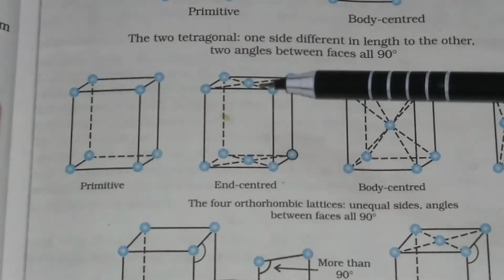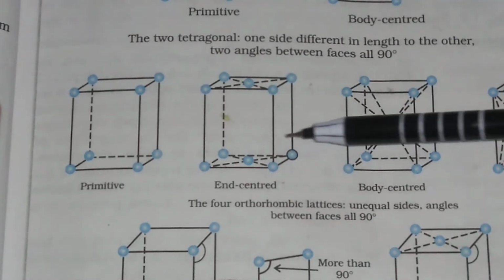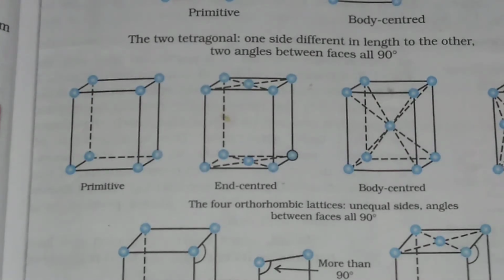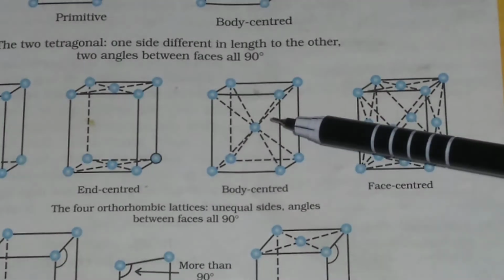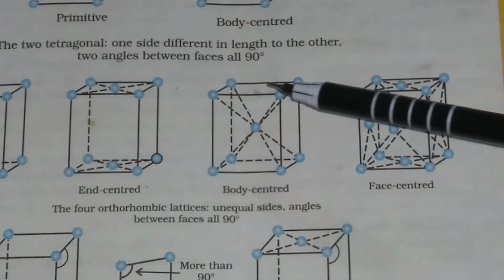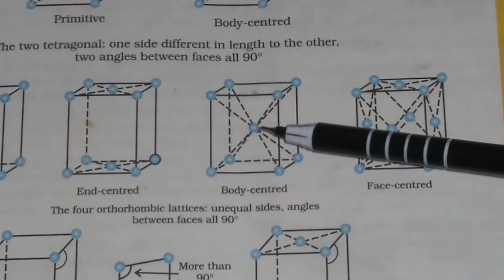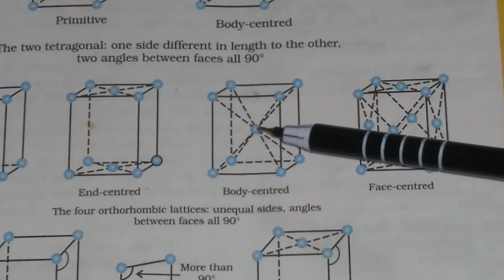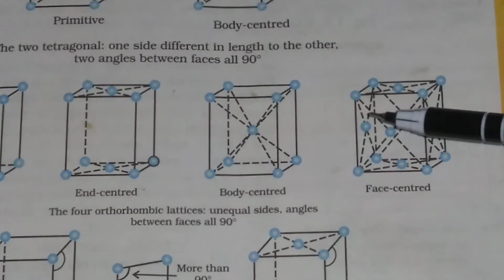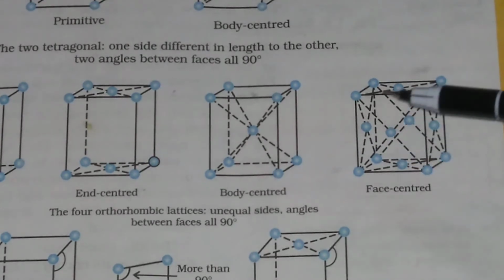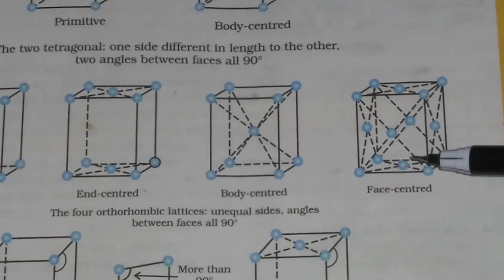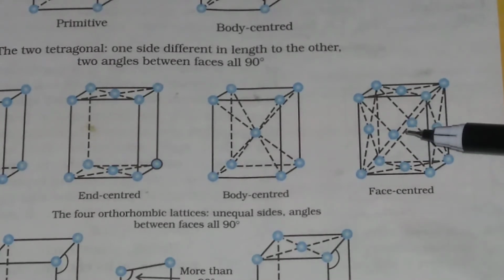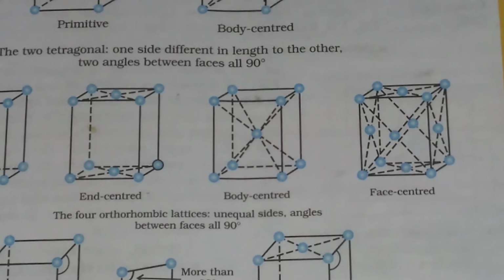So you will have one atom for any 2 opposite faces. This is your body centered orthorhombic, in which you have the orthorhombic structure and an atom at the body center. And it is face centered orthorhombic: you have the orthorhombic structure and one atom at each of the 6 faces.